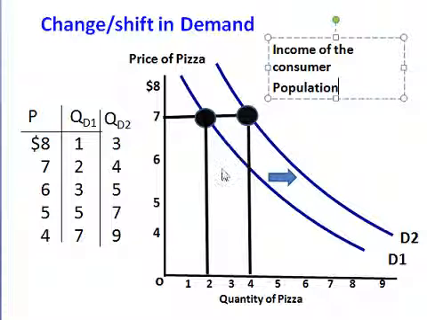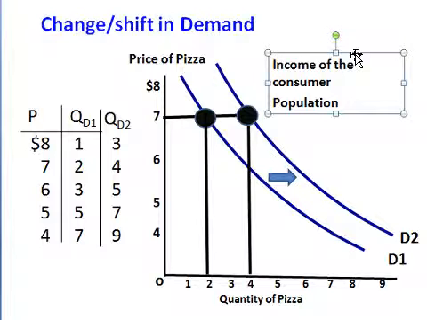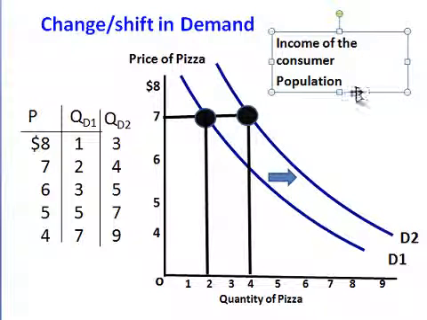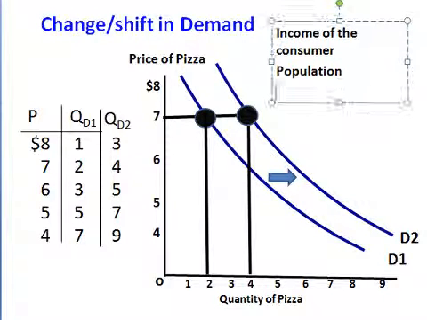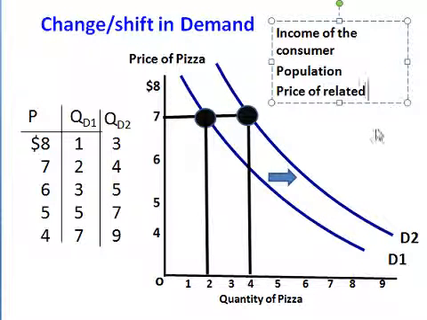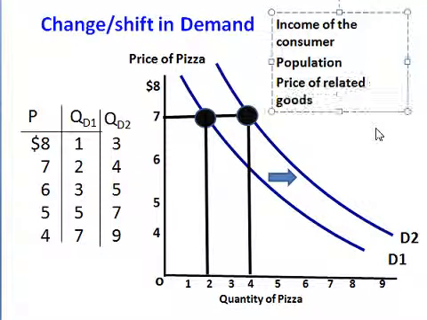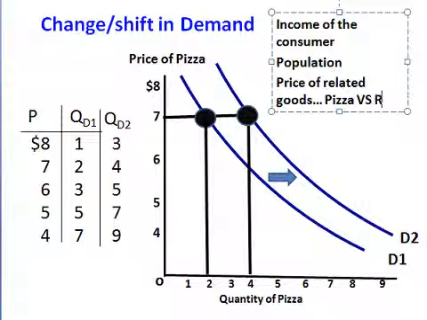Okay, then I can take one more factor out of many factors that can influence demand. I can take one more factor, price of related goods. Okay, that is one more factor. Pizza versus what? Pizza versus rice, right?